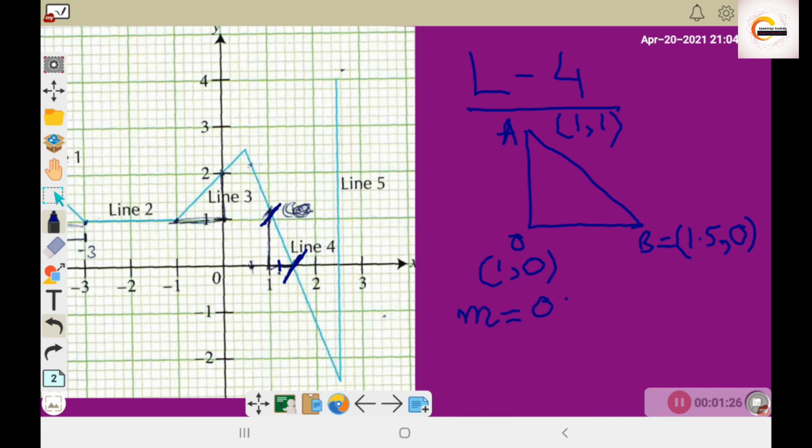So m, we know, is equal to OA upon OB, and OA means the vertical change, so we are going to subtract.